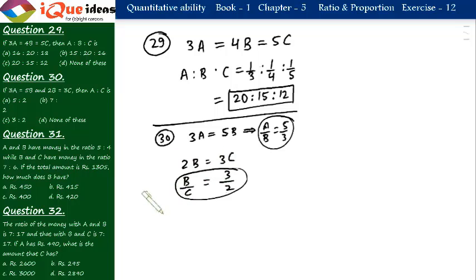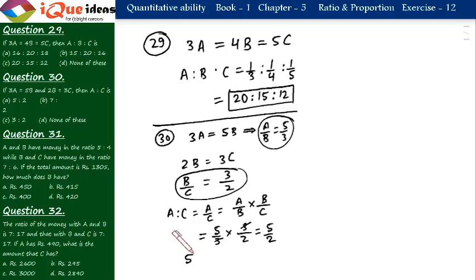Now we have to find A is to C. A is to C is equal to A by C, which is eventually A by B into B by C. Now A by B is 5 by 3, B by C is 3 by 2. So 3 and 3 get cancelled. We will have 5 by 2. So the required ratio is 5 is to 2.